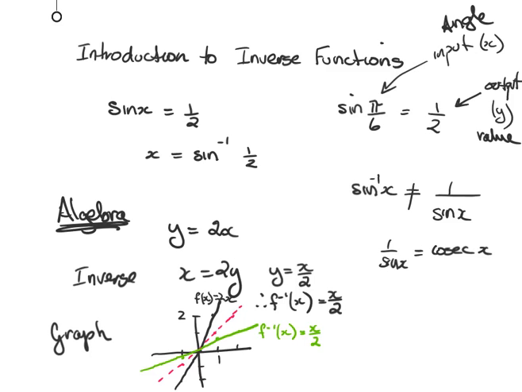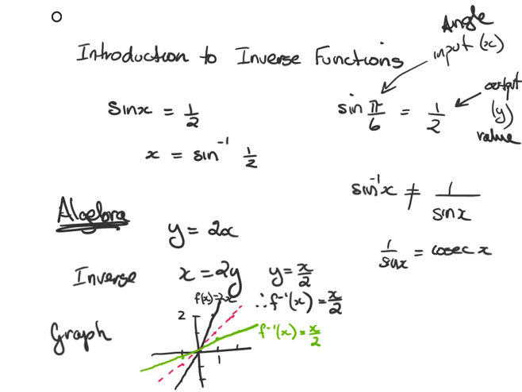So I've also drawn y equals x, and I've drawn the original function, y equals 2x, or f of x equals 2x, just a straight line through the origin, much steeper obviously than y equals x on 2. The point of that is to show that an inverse function is obtained graphically by reflecting in the line y equals x.